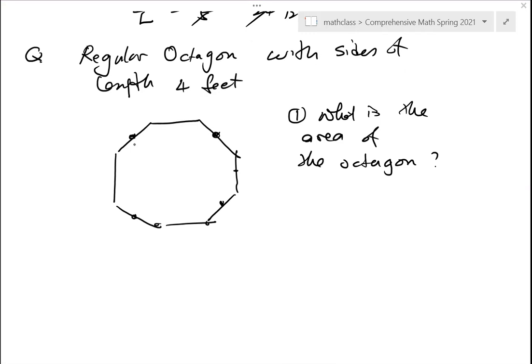And I want to know how big this quadrilateral is. Okay, so this is the middle point, and then connecting them. Okay.